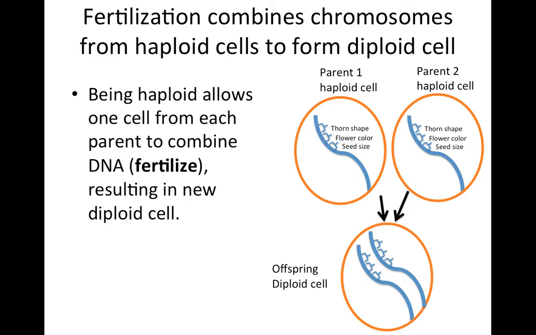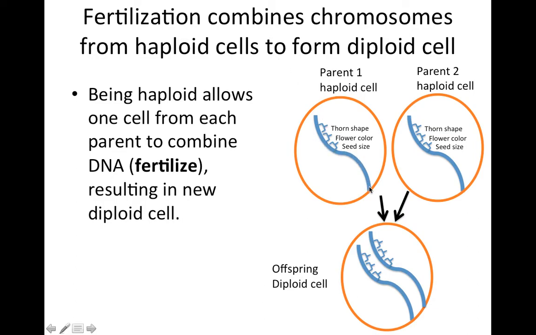The process of combining two cells together and allowing their chromosomes to come together in the nucleus of the daughter cell is called fertilization. So fertilization combines chromosomes from haploid cells to form a diploid cell. And you can see that in the diagram here.